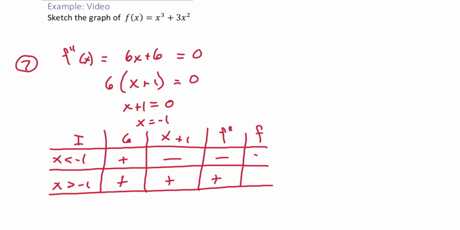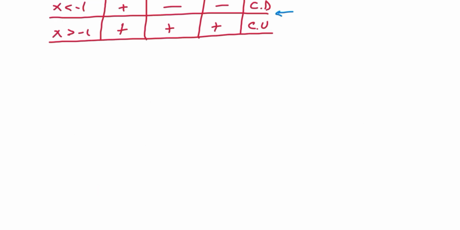So we have concave down for f on the first interval, and concave up for f on the second interval. Notice we do have a change in concavity at -1, so we can look at f at -1 and see that we have an inflection point at -1 too.